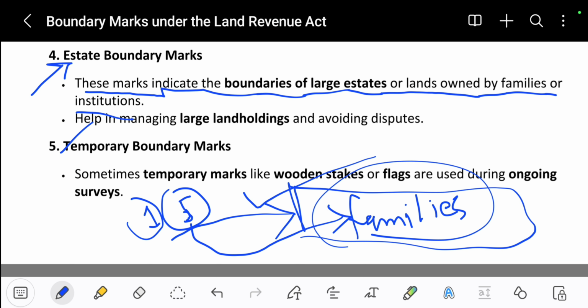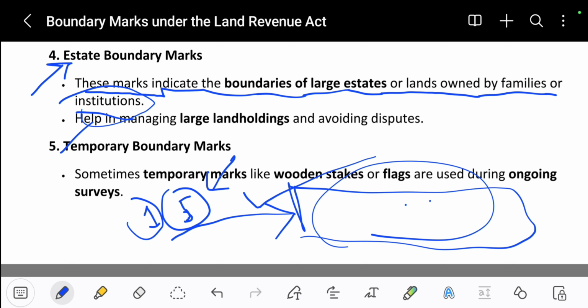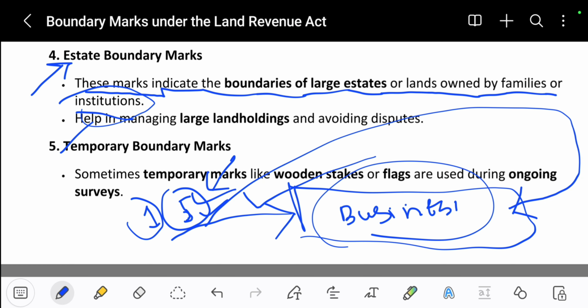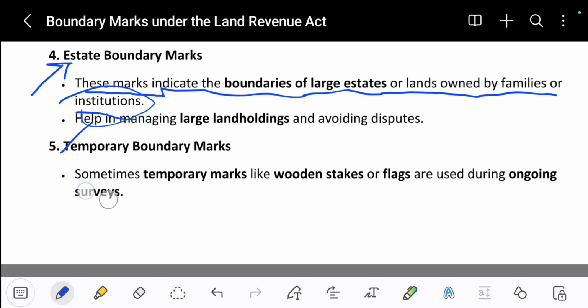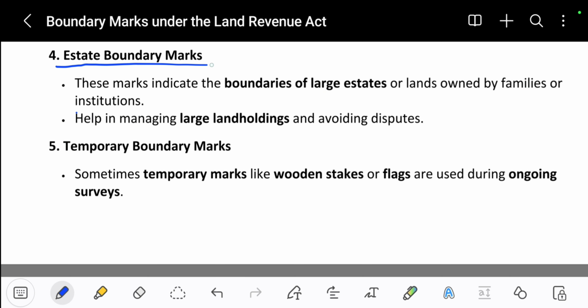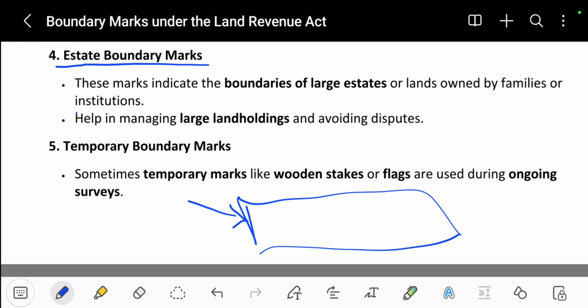Or it could be an institute, meaning those 5 owners could be working for a business together, and these 5 people are thinking to build a factory here. So if there's a huge land and more owners, that type of land is called estate boundary marks, because those lands are marked and named as estate boundary marks.